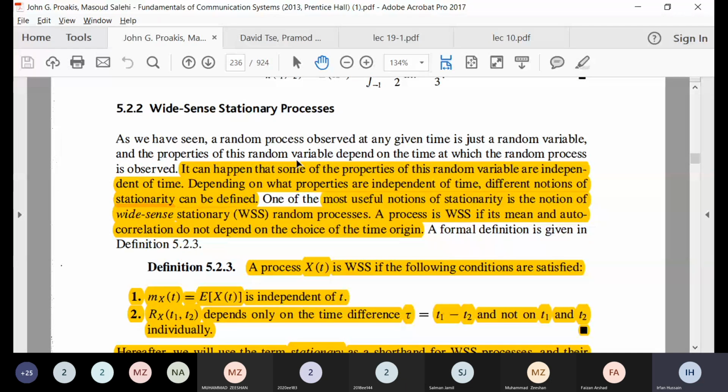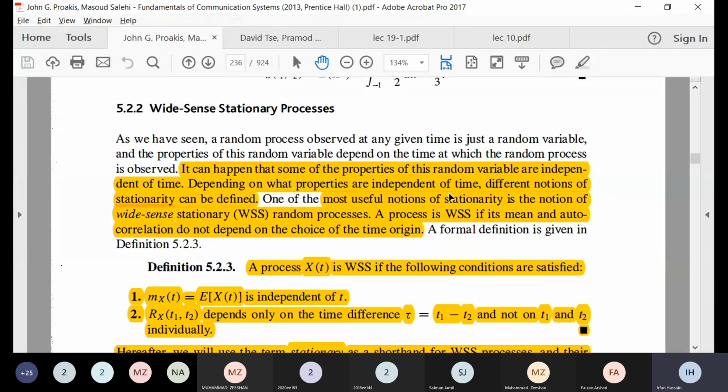But many times it happens that the properties of the random variable, for example the mean or the variance, remain independent of time. So depending on what properties are independent of time, different notions of stationarity, meaning constant or remaining the same, can be defined. There are various stationary processes, but we will be concentrating on one of the most useful notions of stationarity, and that is wide sense stationary.